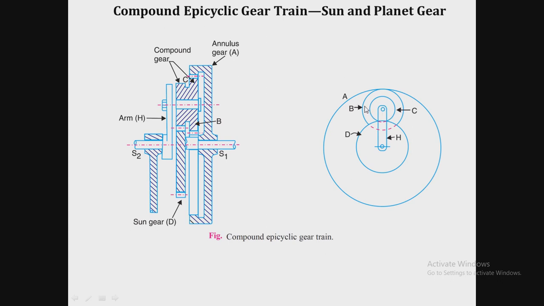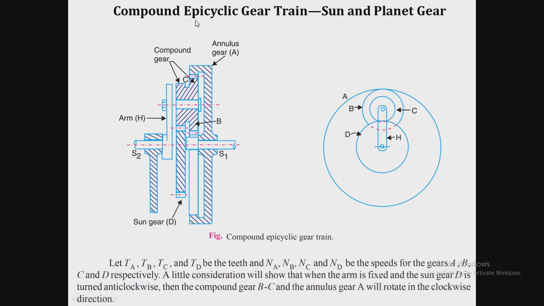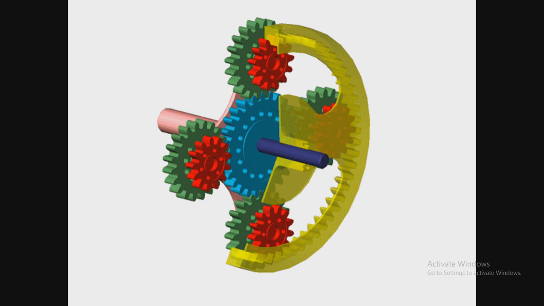When two gears are mounted on the same shaft, it means a compound gear is used in the epicyclic gear train, and then it is called a compound epicyclic gear train. So this is the compound epicyclic gear train.